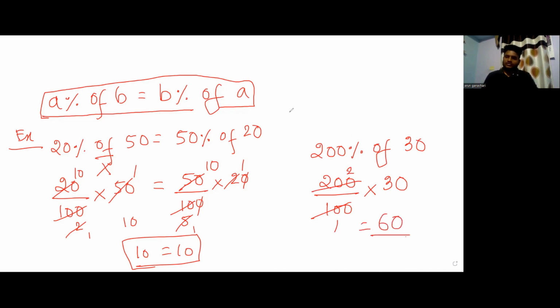What is one more method? One more method says actually 200% of 30 is nothing but 30% of 200. Getting this? Now I'll tell you how to find 10% and multiples of 10% of any number using this example. Copy this. Actually, this is easier.